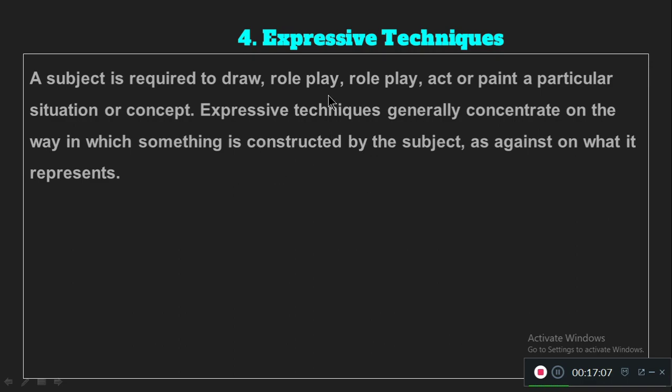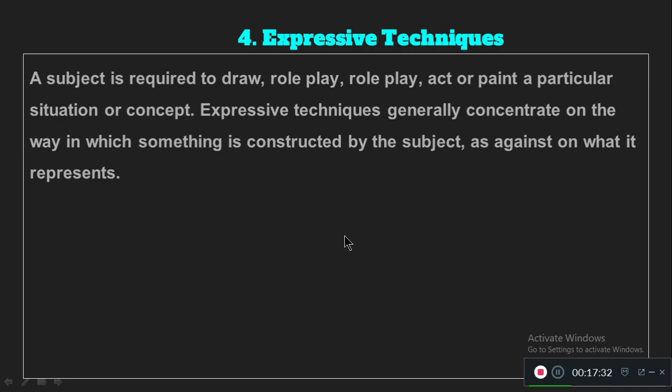They are expressing through the role play or by drawing a diagram or by doing a painting. So by this, we generally concentrate on the way in which something is constructed by the subject. So what is the thought element which is present in the brain of the subject? We are able to get a clear picture about it.